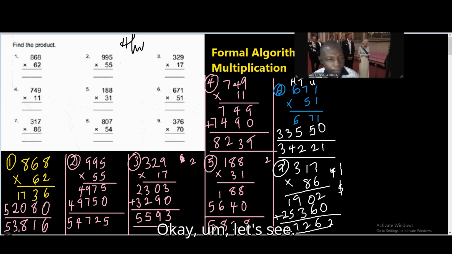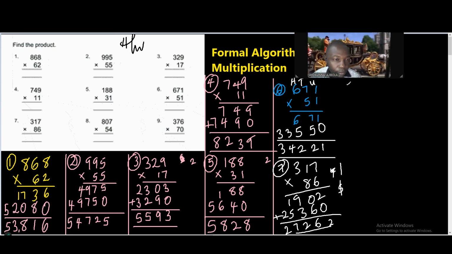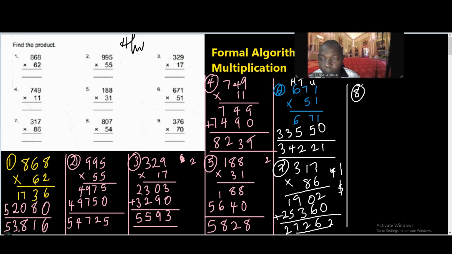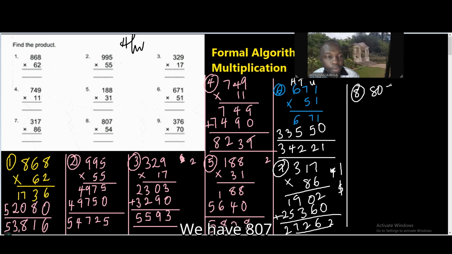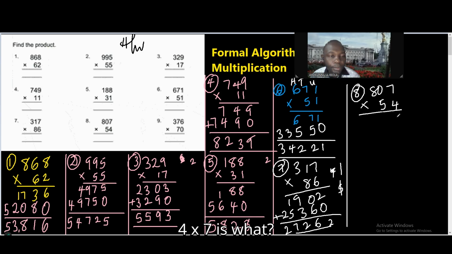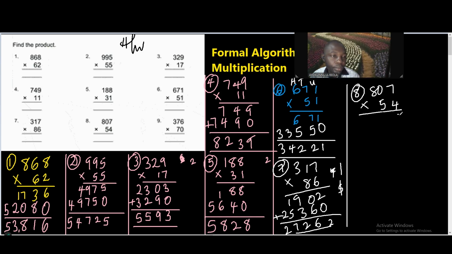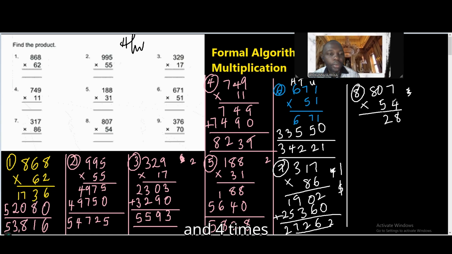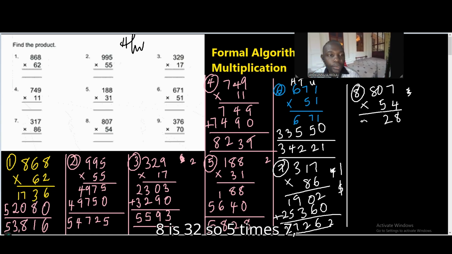Okay, let's see. Number 8. We have 807 times 54. 4 times 7 is what? 7, 14, 21, 28. Yeah, 4 times 0, 0, then plus 2. And 4 times 8 is 32.